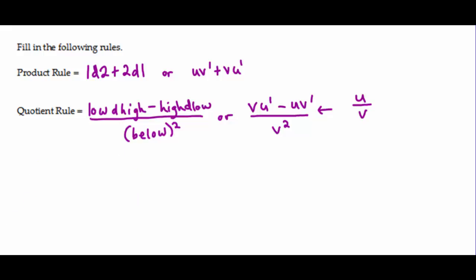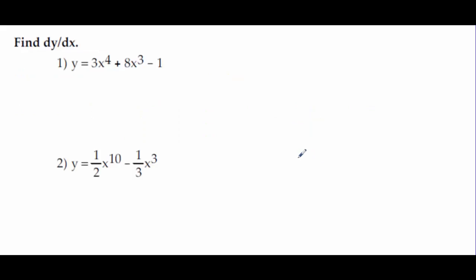Now on to the review. We start off here just taking derivatives, and they're fairly simple derivatives. We ended up getting pretty complicated toward the end of this, so don't forget that some of these are actually pretty easy. These are just using the power rule. So I multiply by my power and then take one away from my power.